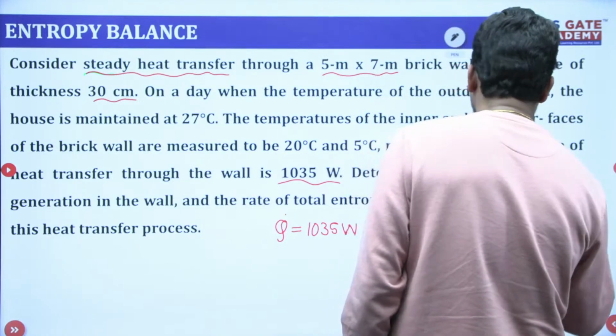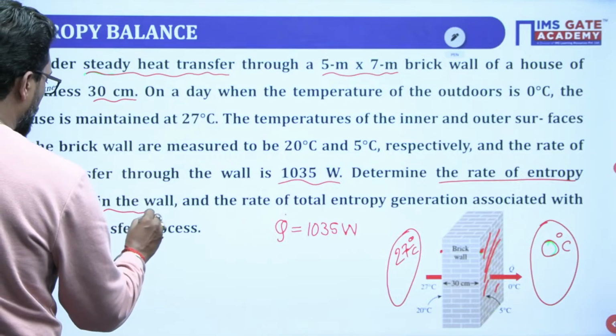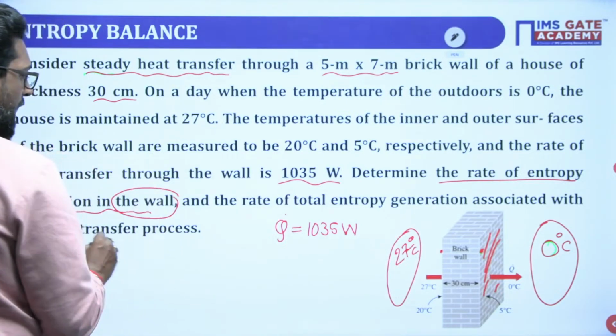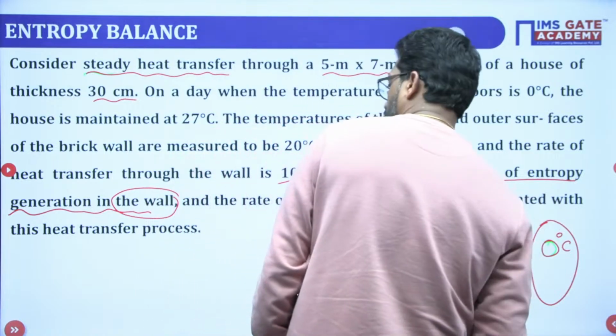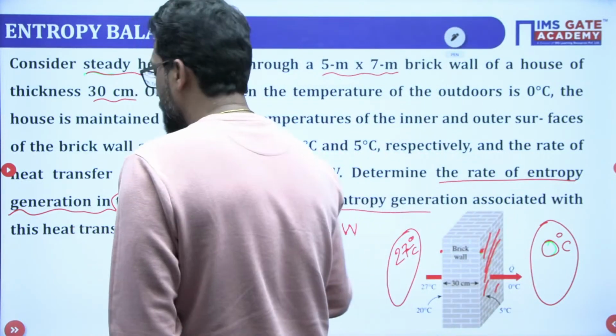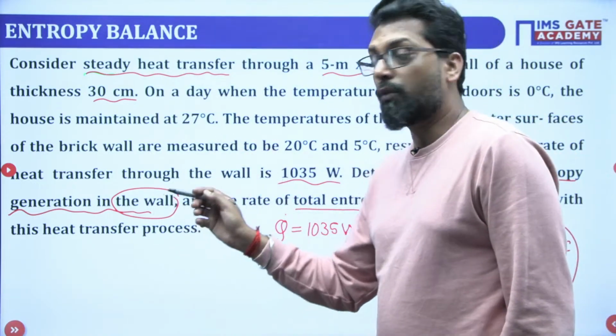So what you have to determine is the rate of entropy generation in the wall, very important, and the rate of total entropy generation associated with this heat transfer. If there is a heat transfer, what is the entropy generation within the system?